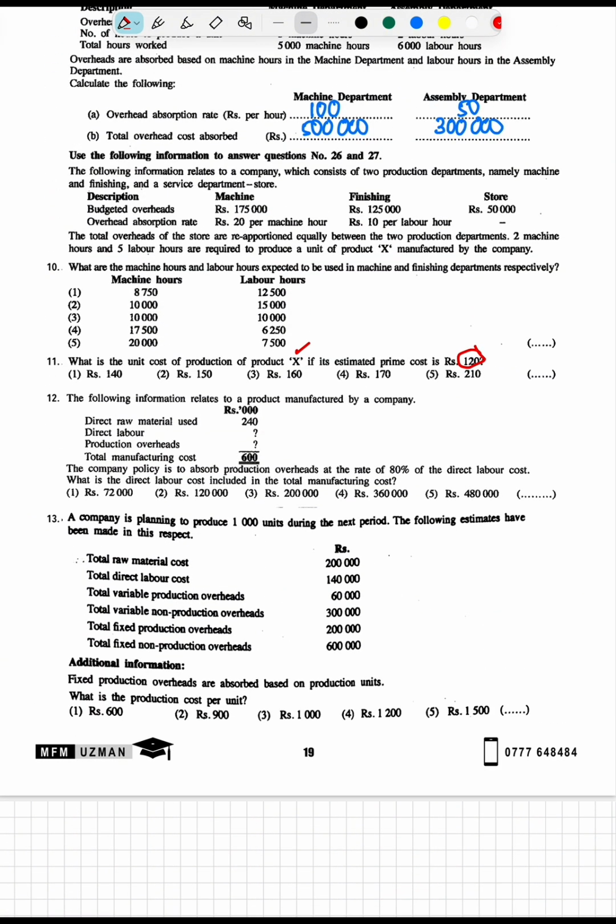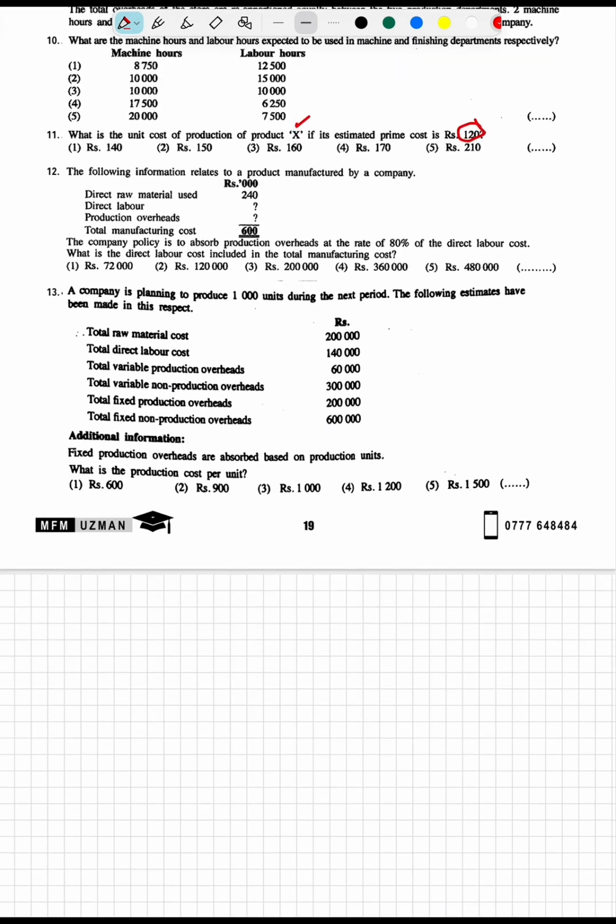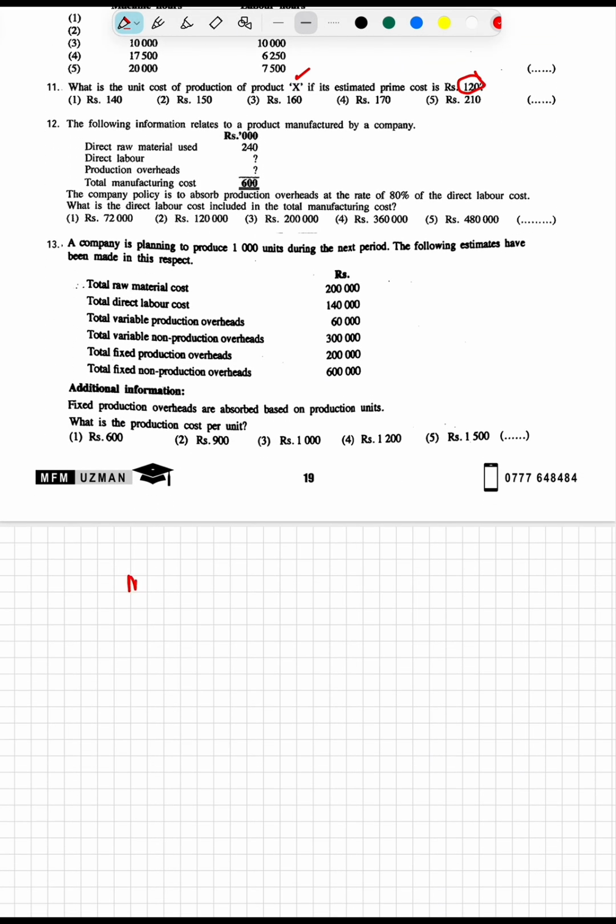How many departments are there? There are two departments, machine department and finishing department, right? So for the machine department, you all know, we can calculate the budgeted overhead. Normally in MCQ you are not supposed to write all these workings, but here I'm explaining, you all know. So let me go with the explanation. Budgeted total machine hours, right?